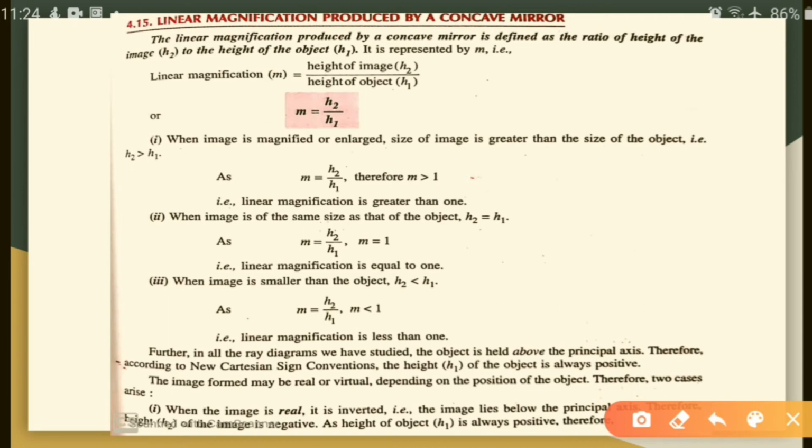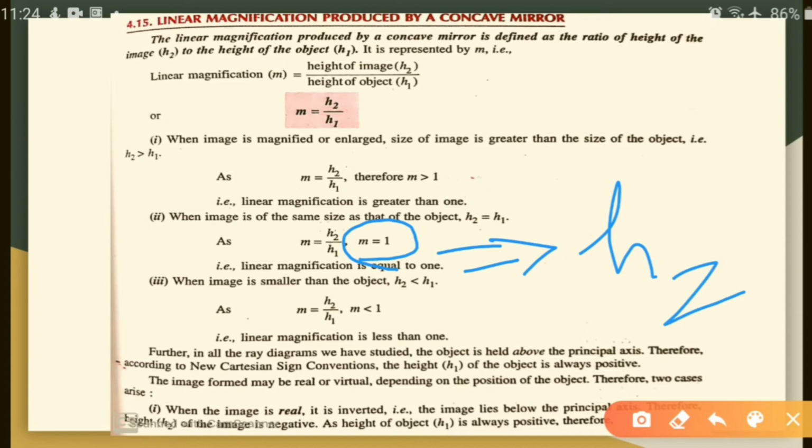And if magnification is equal to 1, then what will happen? Its sign is positive. But first of all, about sign I will discuss later on, but first see the numerical value of the magnification. M is equal to 1 implies that h2 is equal to h1, meaning the size of the image is equal to the size of the object.